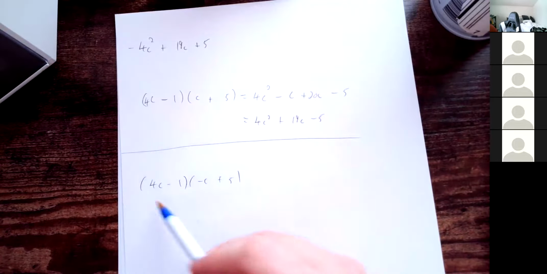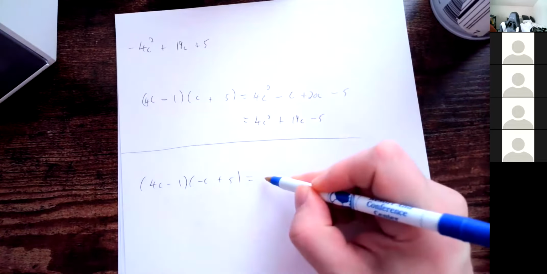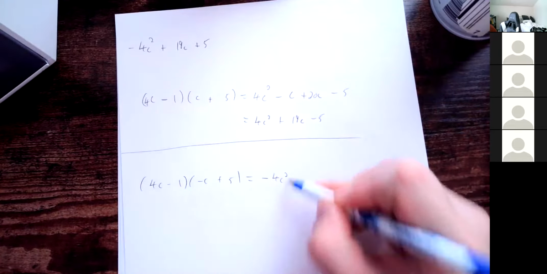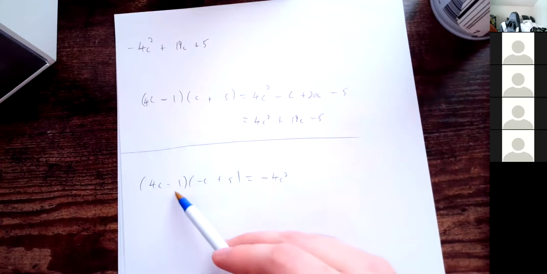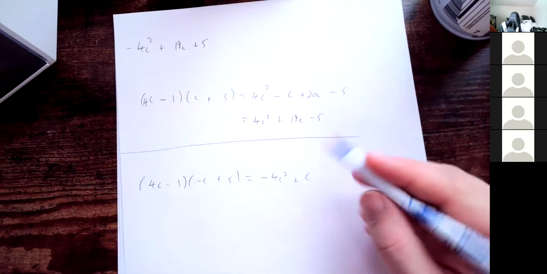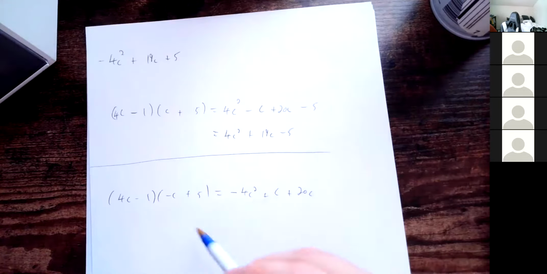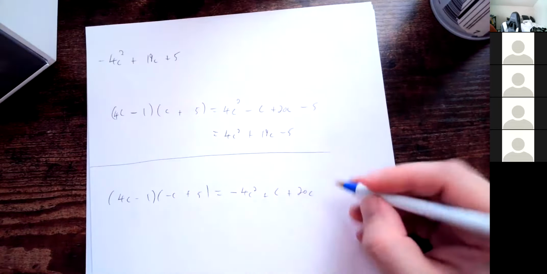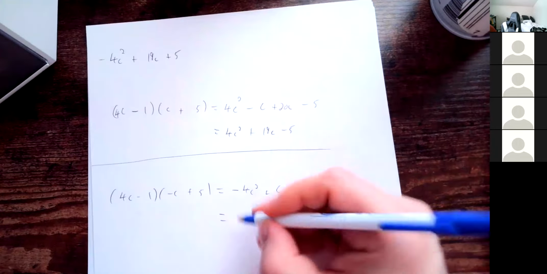So certainly this will give us 4C times -C is -4C squared. And then the middle terms, I get -1 times -C is plus C, and then 5 times 4C, and then 5 times -1. So I think I did that right.